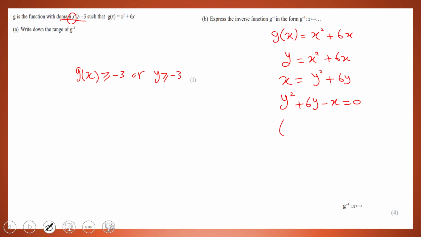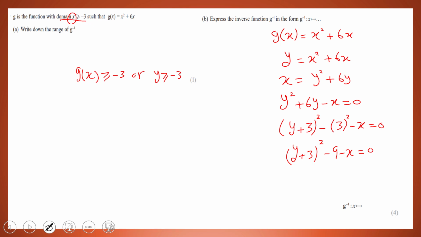So it will be y plus, b is 6, so 6 divided by 2 will be 3, and then all squared, and here minus 3 squared, and then minus x, which is this letter c, is equal to 0. So it will be y plus 3 all squared, and here minus 9. You have minus 9, and then minus x is equal to 0.